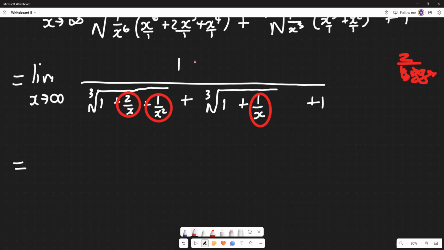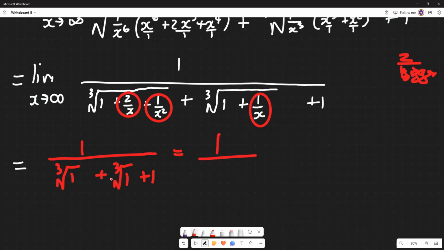So basically, we are left with, you no longer show the limit because we have substituted now, but you don't have to show the substitutions. So you're going to be left with cube root of 1 for this part, plus cube root of 1 plus 1. Cube root of 1 is 1, cube root of 1 is 1, plus 1, which is 1 over 3. And that is what this limit simplifies to.